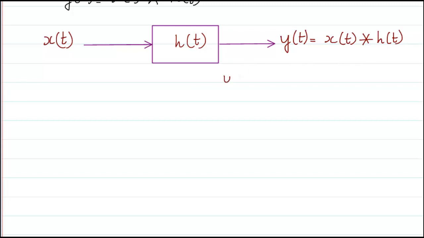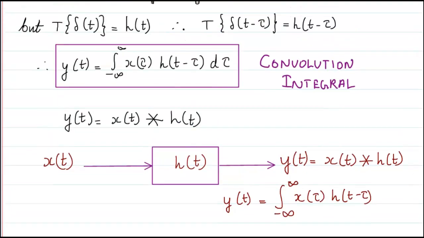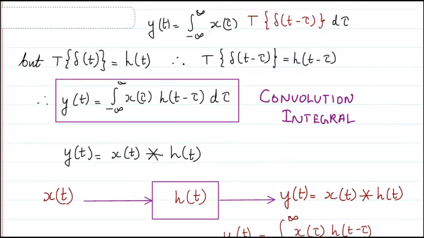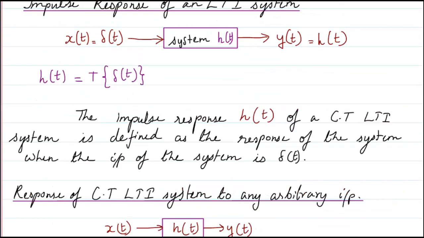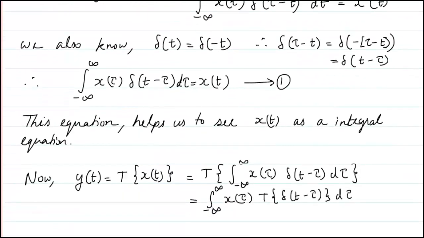And if you are asked for the y of t equation, it is the integral from minus infinity to infinity of x of tau times h of t minus tau. That is the derivation we have done from top to bottom.